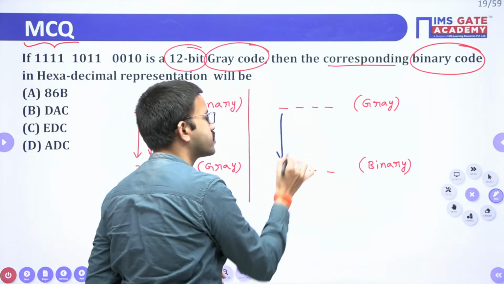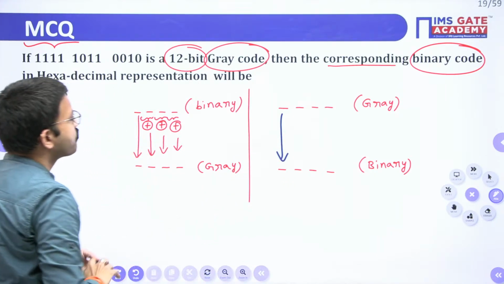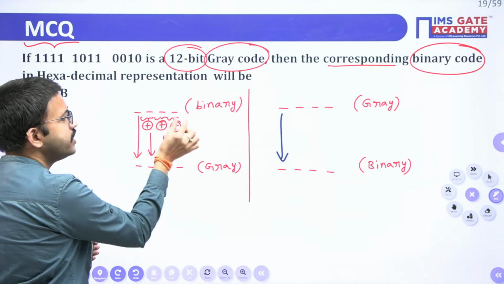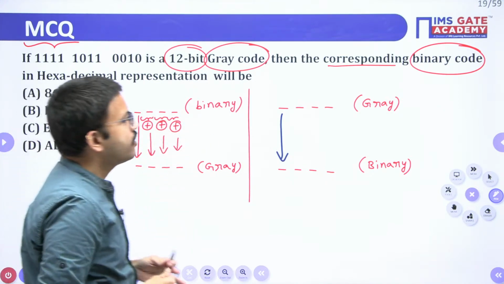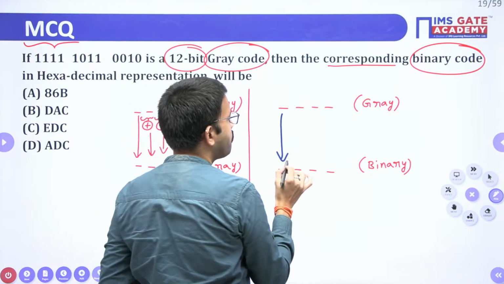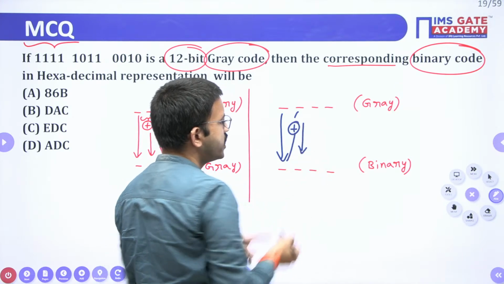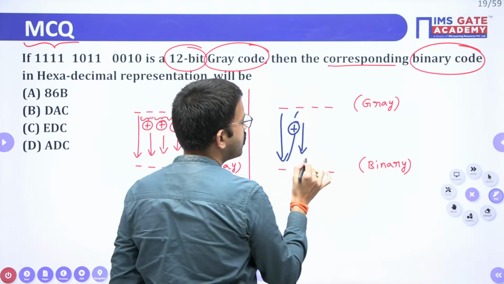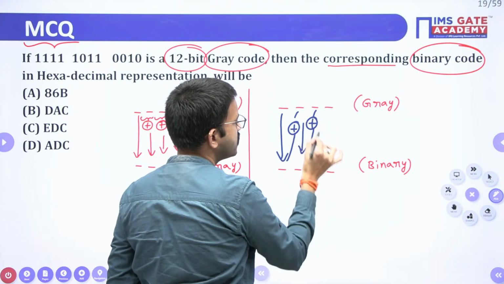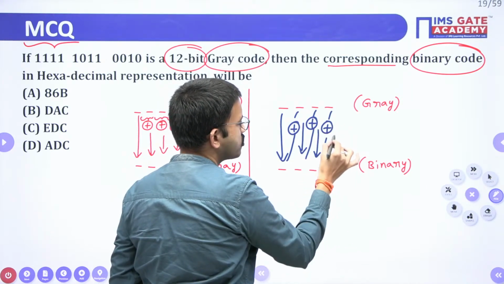Here also the same logic. But binary to gray means we will consider 2 bits and then perform XOR operation. Whereas for gray to binary, whatever the bit you just got, you have to perform XOR with the next bit here, and then you will get the bit like this. Now whatever the bit you got here, you perform XOR operation with this bit, you will get like this. Now perform XOR operation with these 2 bits, you will get like this.